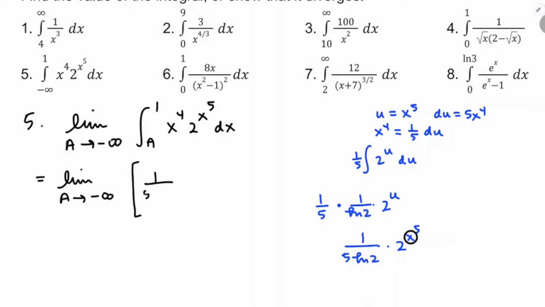And maybe, so I don't have to write it twice, I'll just factor out the 1/5 log 2. 2 to the 1 to the 5th minus 2 to the a to the 5th. As a approaches negative infinity, so does a to the 5th. And I'm taking 2 to a more and more negative power. That's like 1/2 to a more and more positive power. That's going to go to 0. And so I'm going to have 2/5 natural log 2.